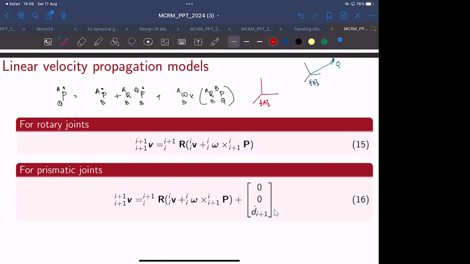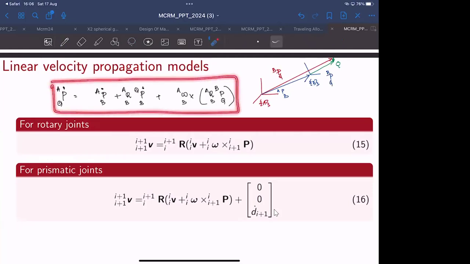And if I label these vectors, this entire vector from P to Q is the position vector of Q with respect to B. And this vector would be the position vector of B with respect to A. And the final vector would be the position vector of Q with respect to B. And this is the velocity propagation equation.